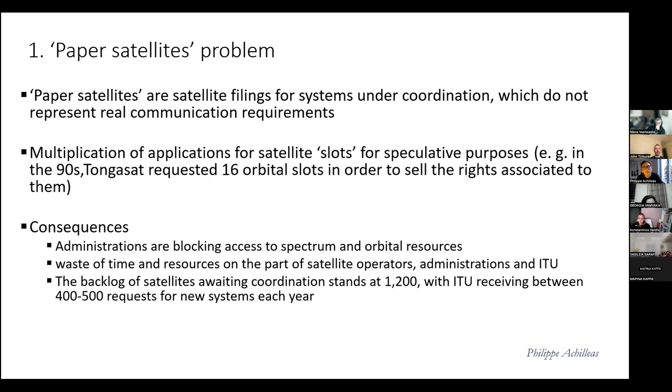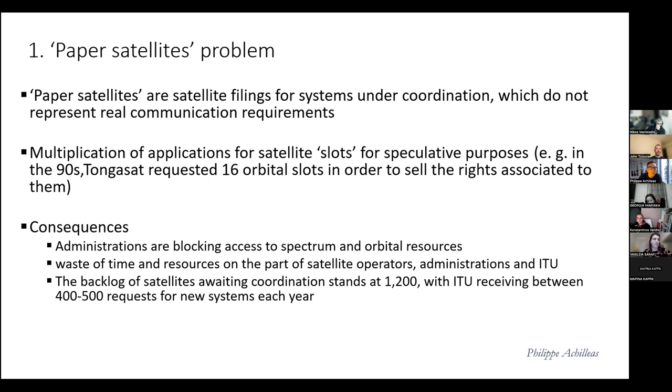That is to say that they will request frequencies and orbits coordination, but they have no satellite. They will never launch a satellite. The project does not exist. The only objective here is to register rights over frequencies and orbits in order to sell the rights to countries that have projects that need the frequencies to operate their satellite.